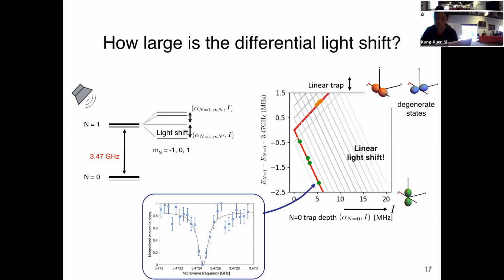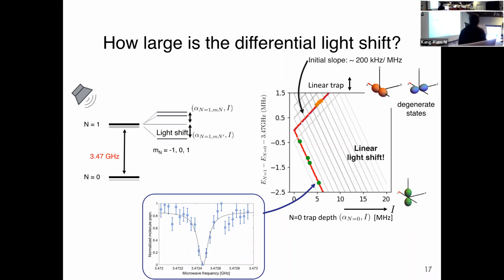Actually, I have the exact slope here. Megahertz per trap depth, so that's the depth of the trap, and the differential Stark shift between the n equal to 0 and n equal to 1 can be on the order of 200 kilohertz. So very, very large when you think about it, compared to the dipole interaction, which would be on the order of kilohertz.